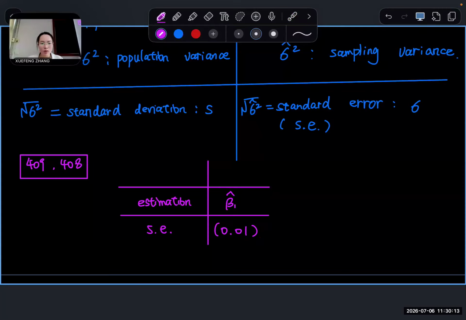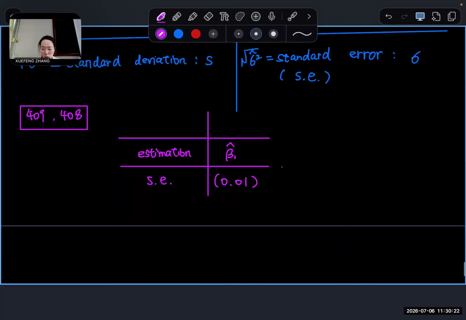And standard errors tell us how much to trust our estimates, okay? How much to trust. Small SE, because SE is from the variance, right? We need smaller variance. So smaller SE means trustworthy. It doesn't mean it's 100% true, okay? Because we are social science.